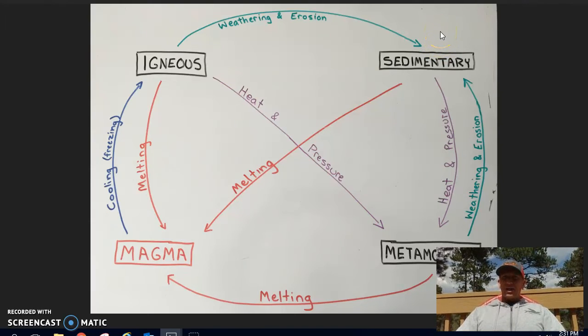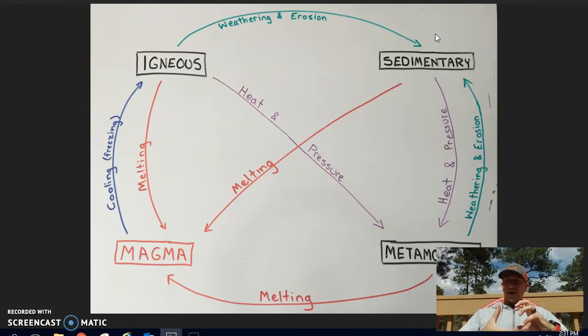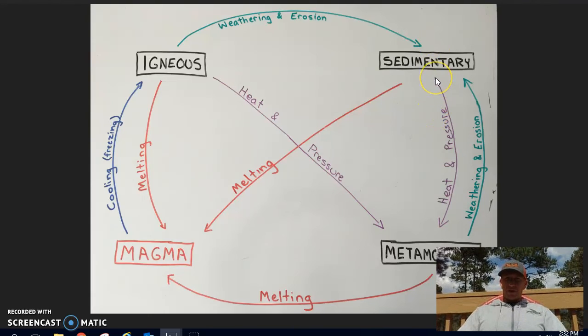First one is compaction, as in to compact, C-O-M-P-A-C-T-A-T-I-O-N, and cementation, like the word cement, C-E-M-E-N-T-A-T-I-O-N. So compaction and cementation. You have to have it compacted together, and then it needs to have some sort of glue or cement to hold it all together. And that's your sedimentary rock.